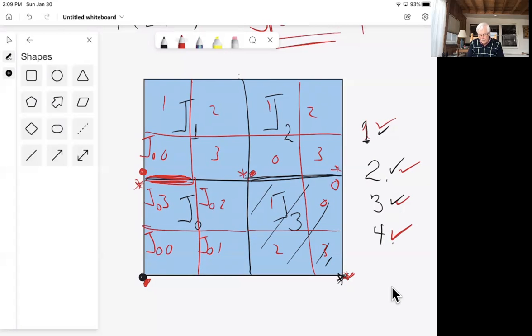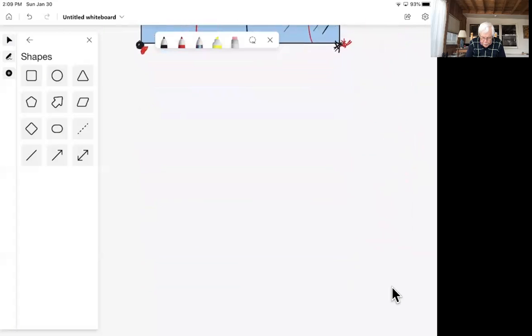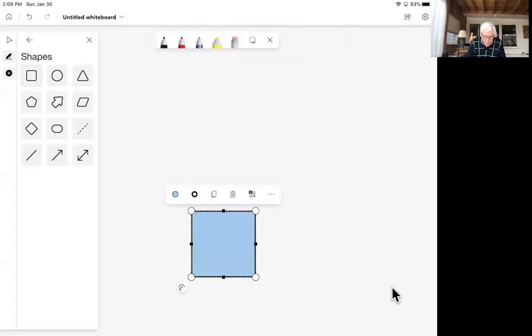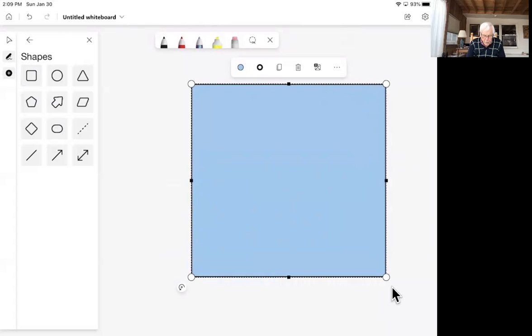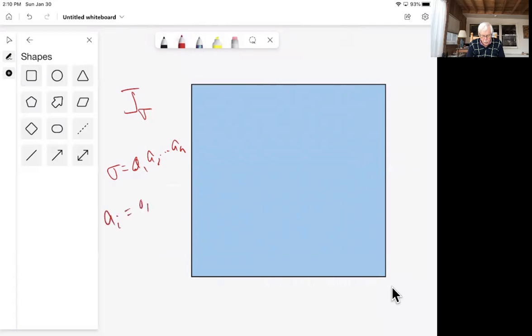This is the entire process for the range. Let's just do it in general. So if this is a J sigma, and let's say sigma consists of just a list of digits, a first, a second, and an nth for some n, and each of these a sub i's is 0, 1, 2, or 3.